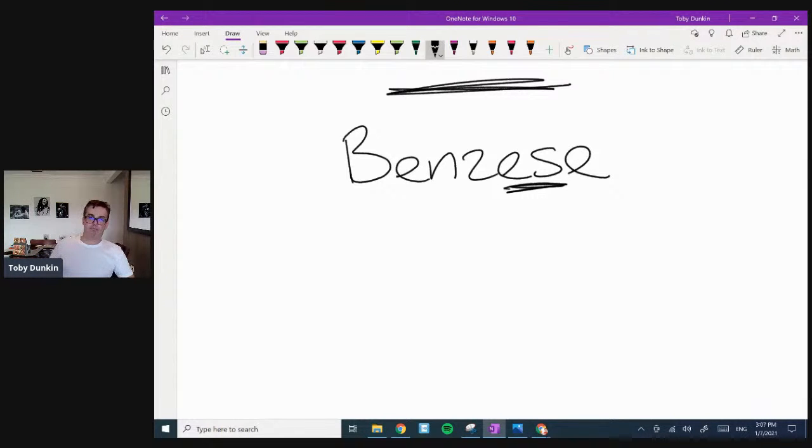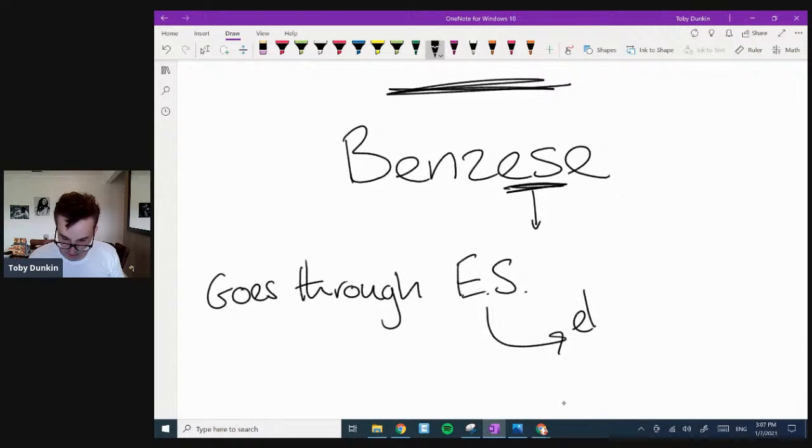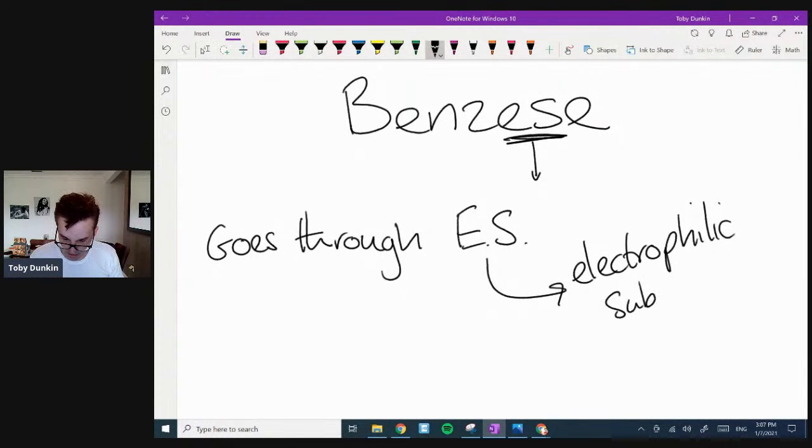I often write down benzene's mechanism as ES, electrophilic substitution.